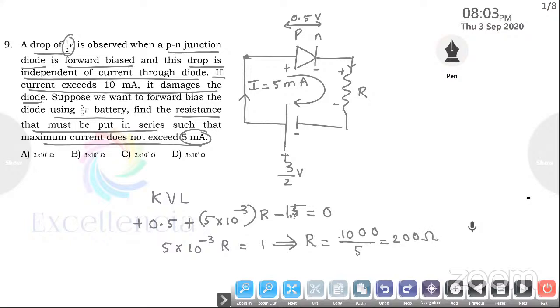This much resistance should be connected in series with the diode so that the current will not exceed 5 milliampere, and the diode also will be in the same working condition. Irrespective of the current through the diode, the potential dropped across the PN junction diode will be 0.5 volts. So it is a simple application of Kirchhoff voltage law. Those who miss this 0.5 volt will get some other answer.